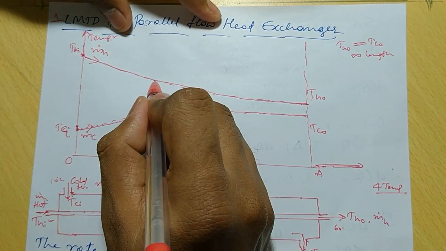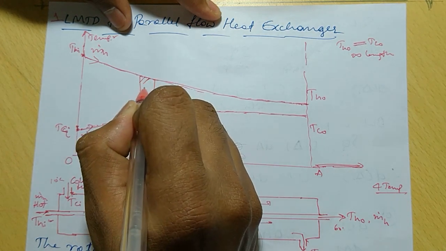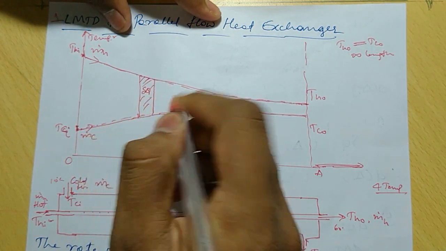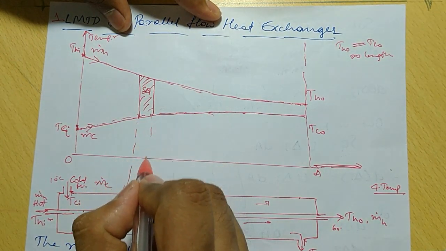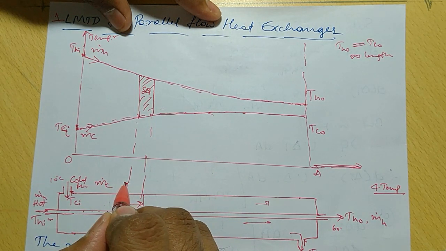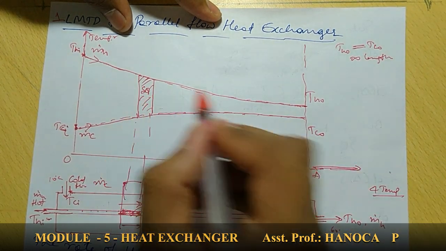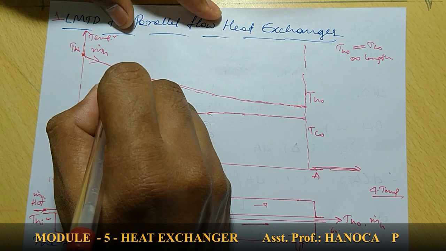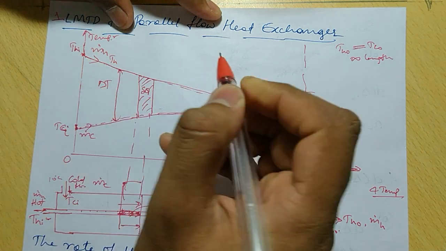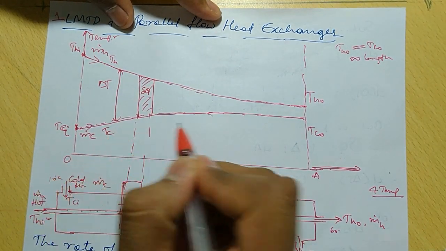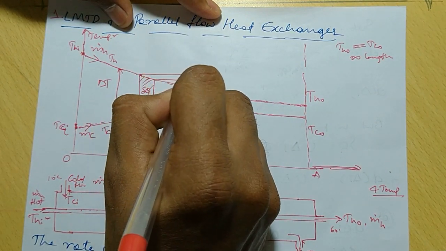For the derivation, I will consider one small elemental area, dA, with heat transfer delta Q, and this is the temperature difference, delta T. This is the hot water temperature, TH. TC is the cold water temperature, and this difference I will take.